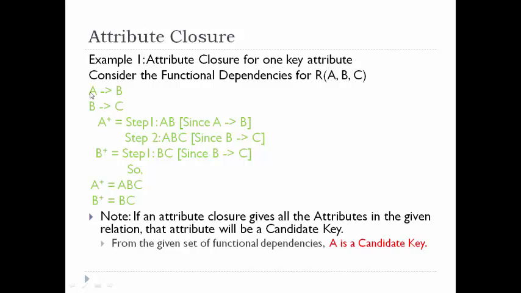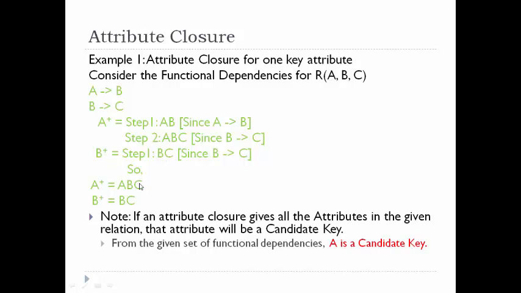A closure, in the sense, A is giving B. So it is giving A, B, because AB has arrived because of the functional dependency A tends to B. Now the second step is, since A has already arrived with B, and B is arrived with C, the second step gives A, B, C, since we have B tends to C. So A closure value will be A, B, C. Now the second closure is B closure, and B is giving C, so we get BC.